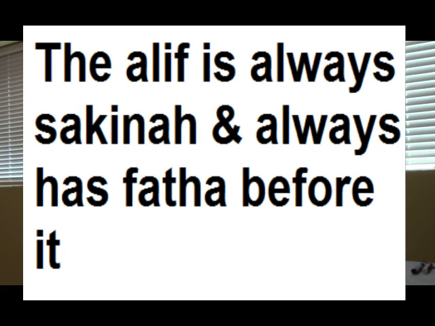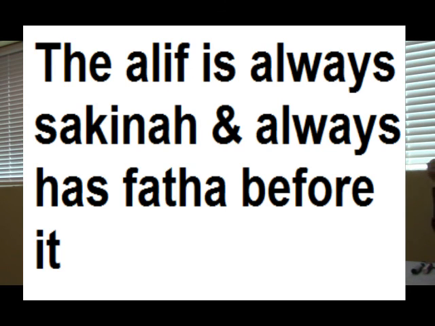You cannot have any alif other than this. Try to have an alif that has dhamma before it. Try. Wa. This is wa with fatha, this is not dhamma. Try to have kasra, then alif. Liya. It doesn't work, right? You cannot.